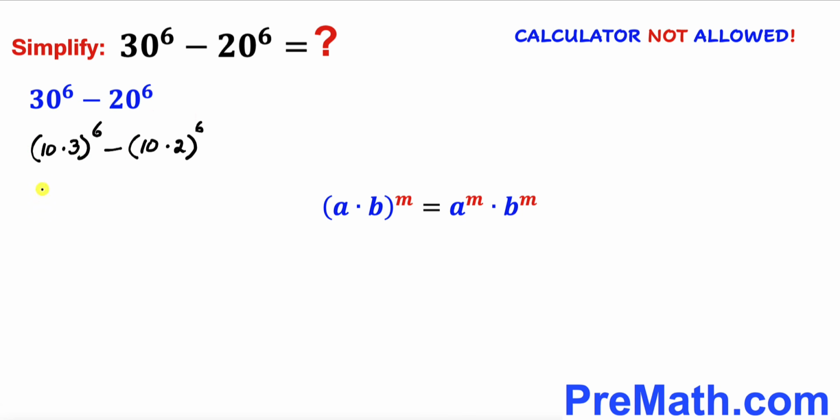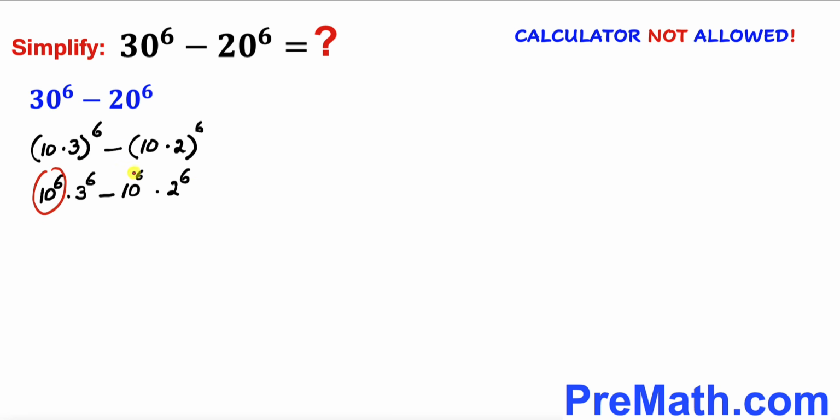So the first term becomes 10 power 6 times 3 power 6 minus 10 power 6 times 2 power 6. Now we can see 10 power 6 is in common, so we can factor out 10 power 6 outside, and inside parentheses is going to be 3 power 6 minus 2 power 6.